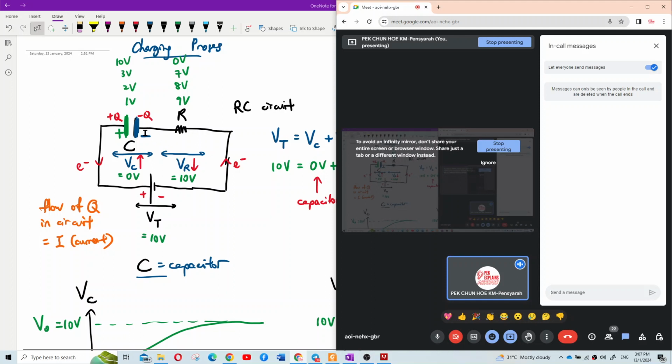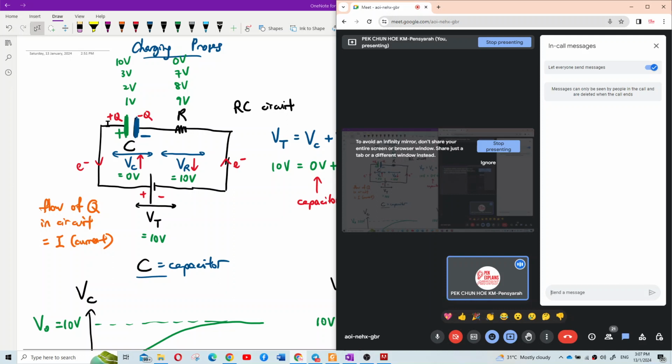Electrons are pulled out from the green plate and deposited at the blue plate.